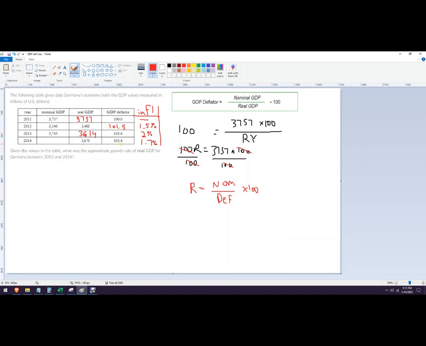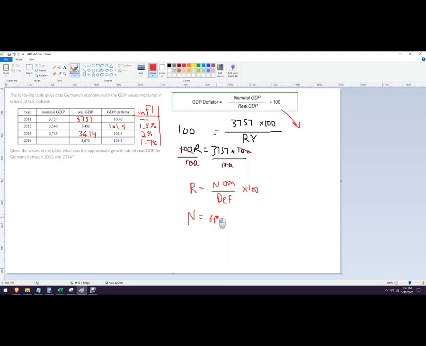And then finally, I need the nominal GDP when I have the deflator and the real GDP. So with that one, I can get my nominal. After rearranging this stuff up here, we're going to multiply both sides by real.